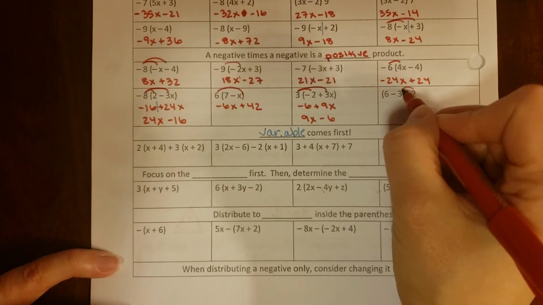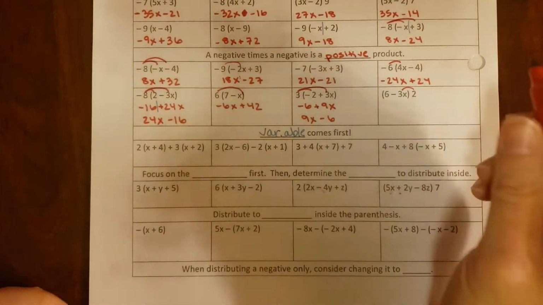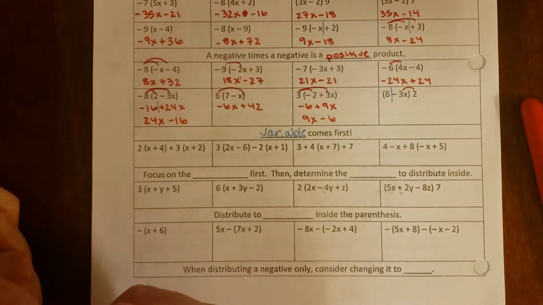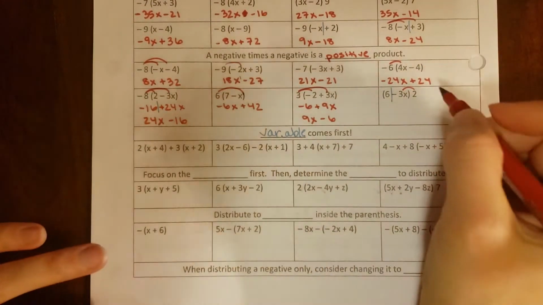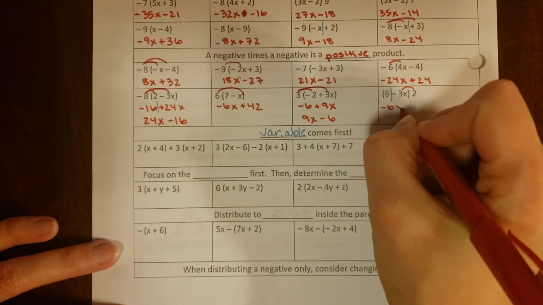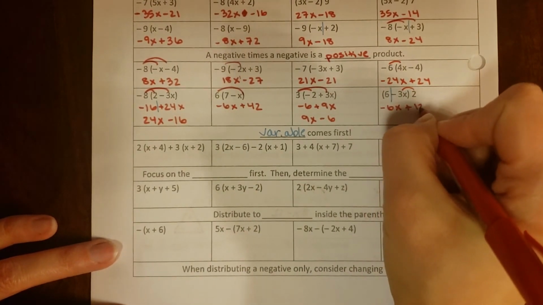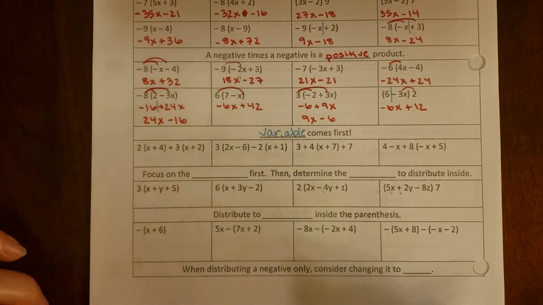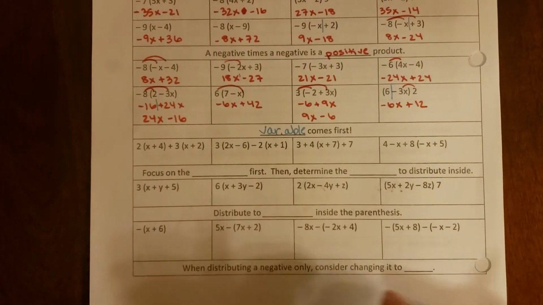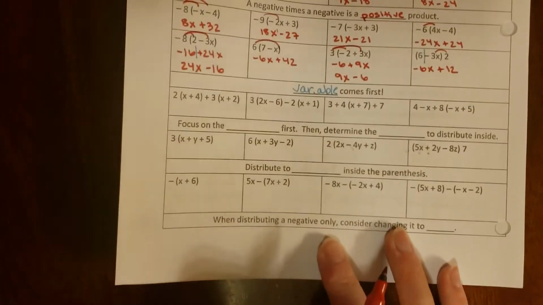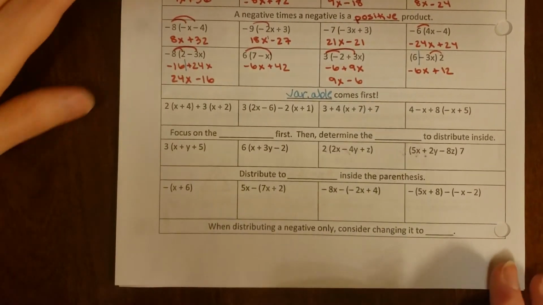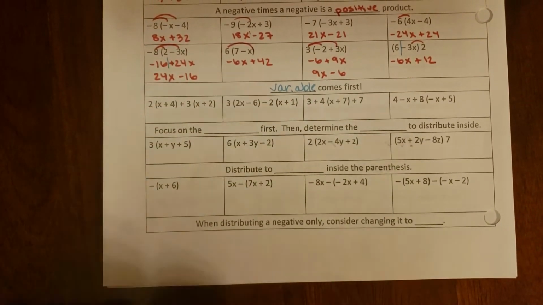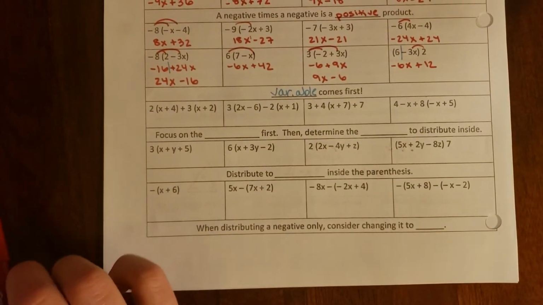Or again, you could do the variable first. Now that negative goes with the 3. Remember, the sign precedes its value. So this is 2 times negative 3, which is negative 6x, and a positive 12. Okay. Good job. Okay, so this next one is where this gets pretty hairy, where we have a much longer expression with multiple sets of parentheses, and it can get overwhelming, but it doesn't need to be.